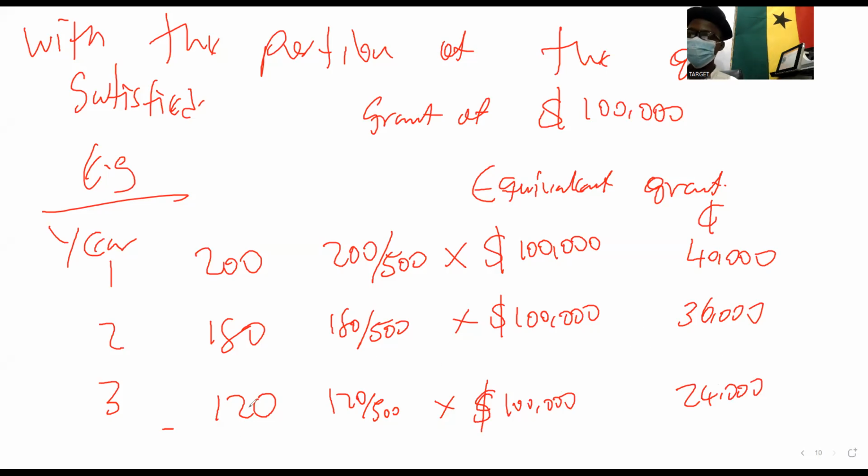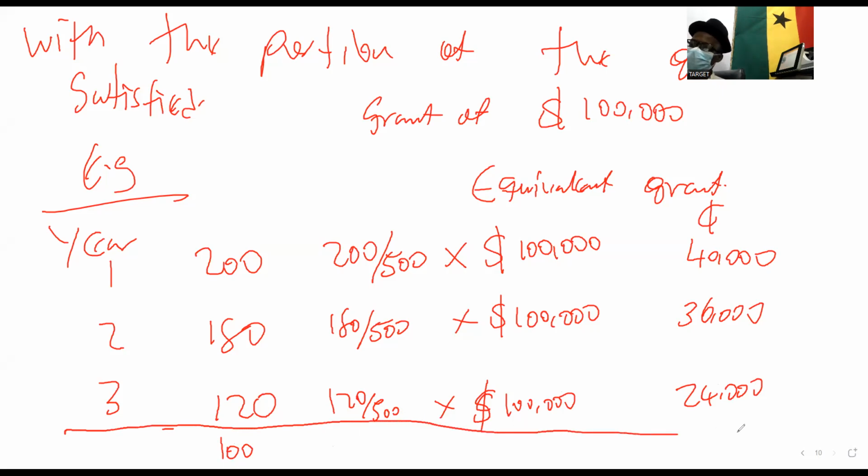So, what if the last year we only graduated 100? In that case, the last year will be like this: 100 divided by 500 times 100,000. You see? And that will give us 20,000.